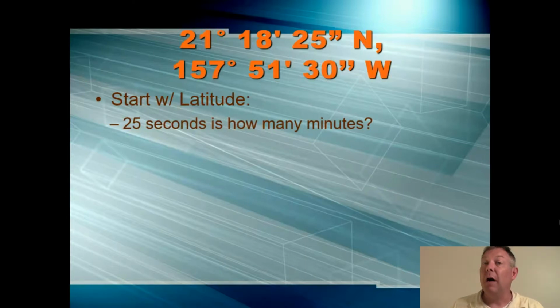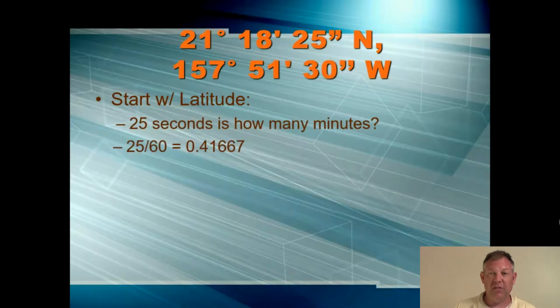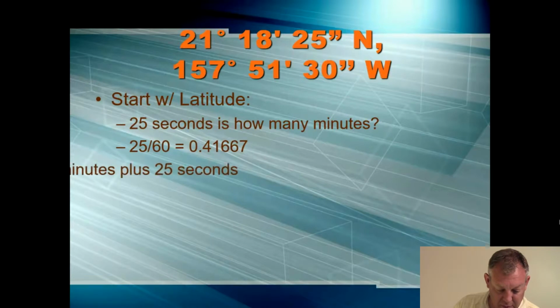That's a fraction of a minute, right? So how many minutes is 25 seconds? Well, again, you know how to do this. 25 divided by 60 is 0.4167. It's kind of like the math we just did, right? So I've got 18 minutes plus a fraction of a minute. What's my fraction of a minute? 0.4167.